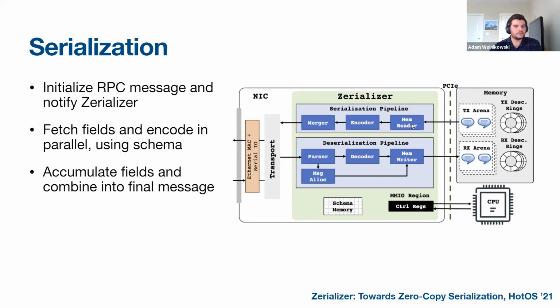Then the reader module fetches each field of the message from memory, and the encoder module independently transforms the fields in parallel, leveraging any knowledge it can from the message schema to do this as efficiently as possible. Finally, a merger module accumulates the transformed fields and combines them into one final serialized message that is then transmitted out onto the wire through the NIC.